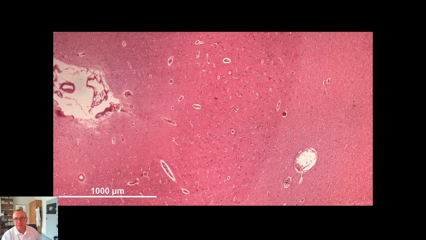Our slide is like this. It contains cortex, which is composed of gray matter, and white matter, the so-called centrum semiovale, the central material of the cerebrum. White matter, how to recognize it?